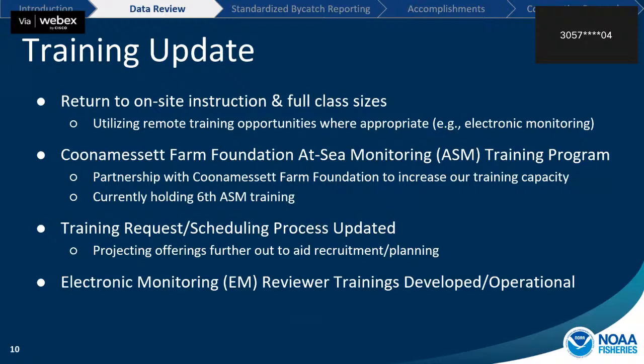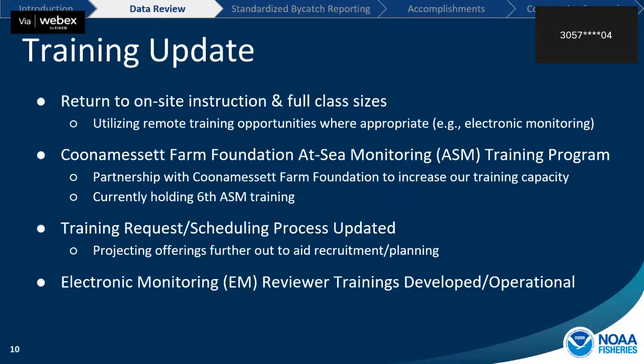We did start to learn that with a remote or hybrid approach, some of our trainings in which we're certifying our current observers in new programs could benefit from a hybrid training, as it saved time and resources, and we got the same results. We also outsourced our at-sea monitoring, which is our groundfish training program, to a third-party vendor through Atlantic States Marine Fisheries Commission.